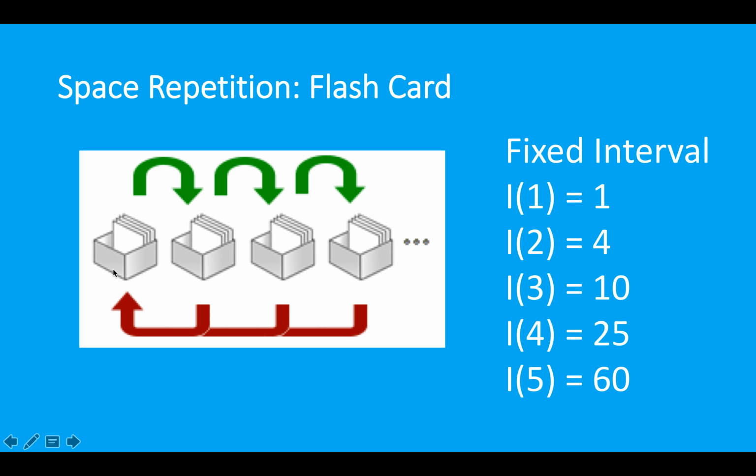Every box has its own review frequency, let's say once per day, once per 4 days, once per 10 days, once per 25 days, and once per 60 days. So that's the flashcard algorithm, super naive. It's actually not really an algorithm, but something we use all the time, and we can just put it into a word algorithm to abstract it.